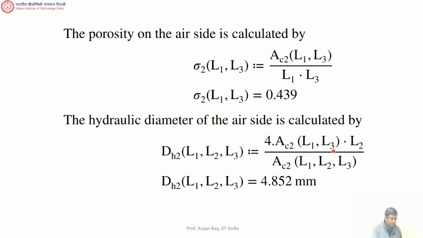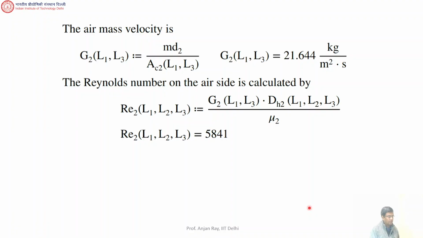Now the hydraulic diameter I discussed in the last class is 4AC divided by kind of like a perimeter, which is AC divided by L2, right? I discussed again last class why this is L2 and not L1. And this is TH2. So we got AC to get the Reynolds number, and this is the Reynolds number calculation.